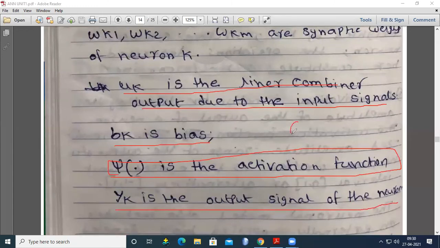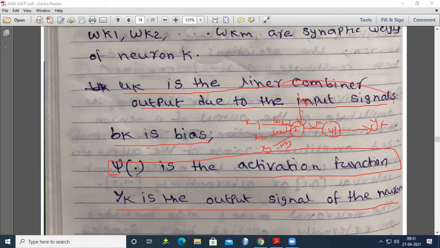So this is the sigma. It takes input from many input signals, for example x1, x2, x3, with weights wk1, wk2, wk3. The output of this summation is uk. Now this signal is transmitted to the activation function psi, which results in the output yk, with some bias bk.